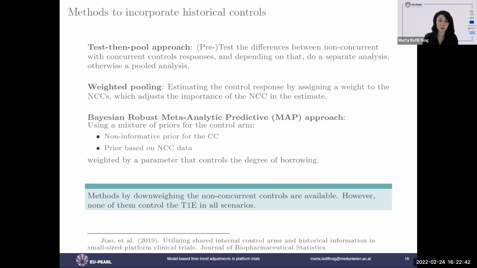In the MAP approaches, we define the prior for the control using a mixture of two priors. One is the prior of the concurrent controls and the other is the prior based on non-concurrent control data. This mixture is weighted by a parameter that represents the degree of borrowing. So when using all these models, the validity of the results might strongly depend on the pre-specified parameters and assumptions we made. Besides, none of these approaches control the type 1 error in all the scenarios. Next slide.